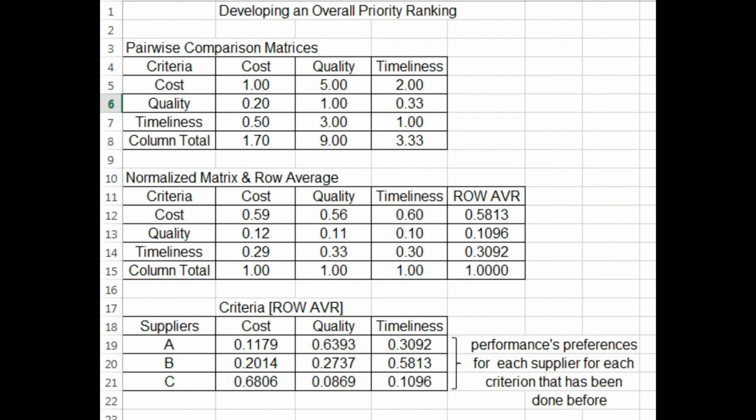At the end, we will develop an overall priority ranking.